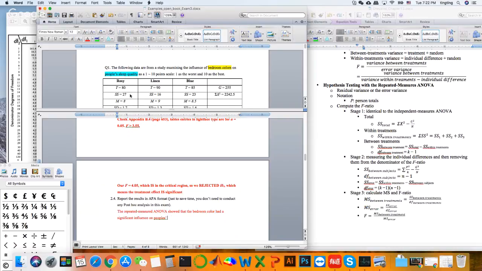In people's sleep quality. So this is our conclusion, right?